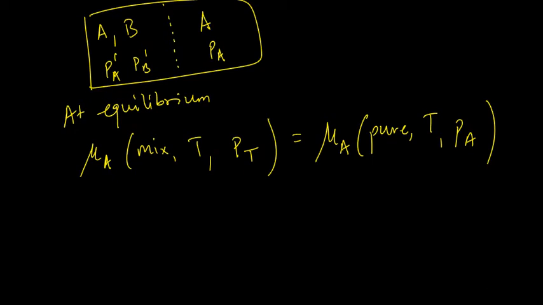Of species A, and of species B also, but there is nothing on the right, so that would be 0. So each and every species has to be equal.